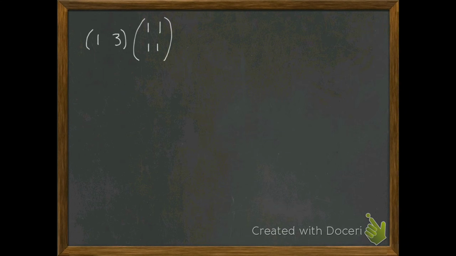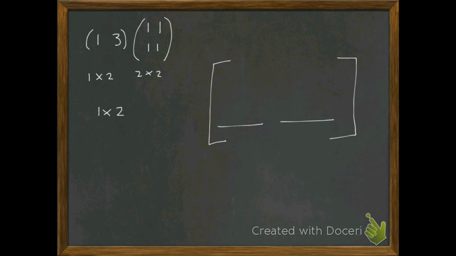Well, clearly what happens is we have a 1 by 2, we have a 2 by 2, so we're going to end up with a 1 by 2 matrix. Hopefully by now we're pretty decent at multiplying these two things together. So we're going to go 1 times 1 plus 3 times 1, so we're going to get 4.